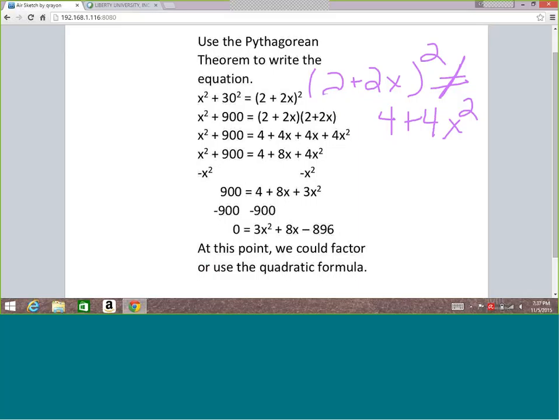It is not, because (2 plus 2x) squared is the expression (2 plus 2x) times (2 plus 2x), which you have to use FOIL to multiply, which gives you 4 plus 4x plus 4x plus 4x squared, which is 4 plus 8x plus 4x squared. You see, that's not the same thing. So please be careful. It's a really common mistake to write that, which is not correct.